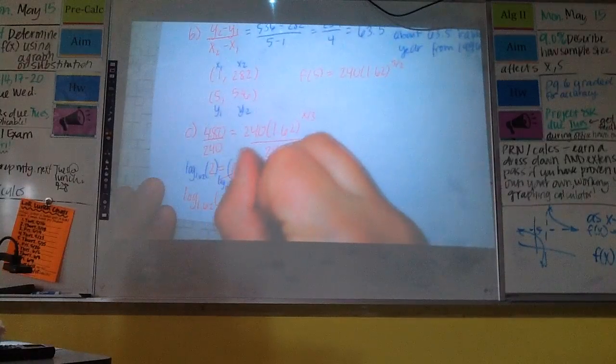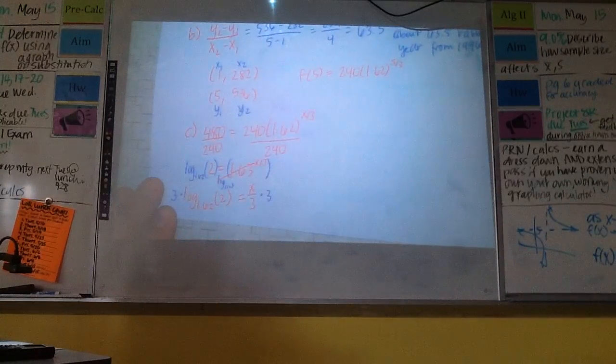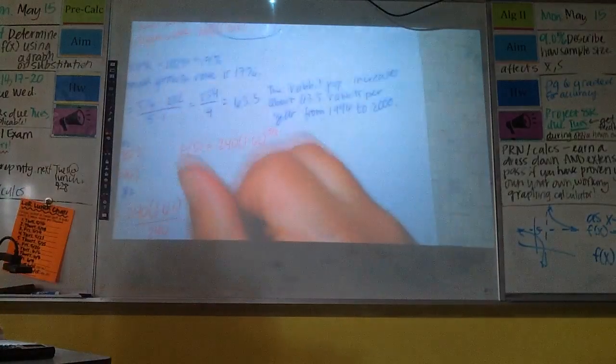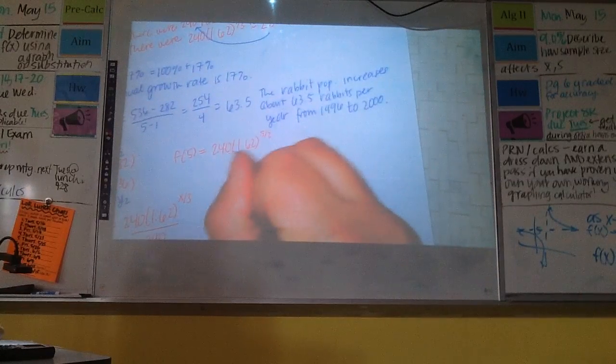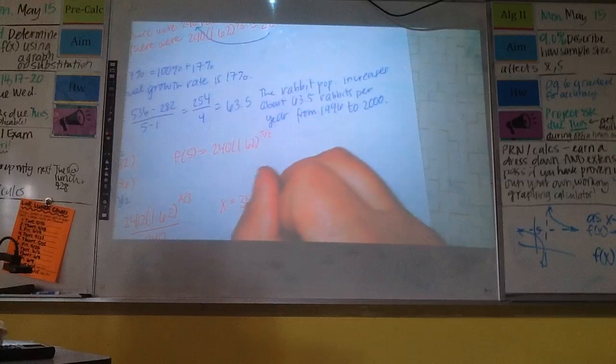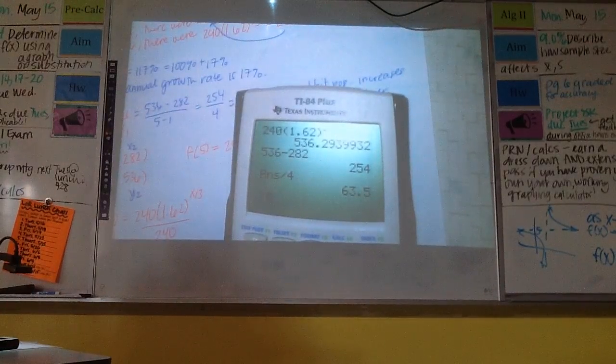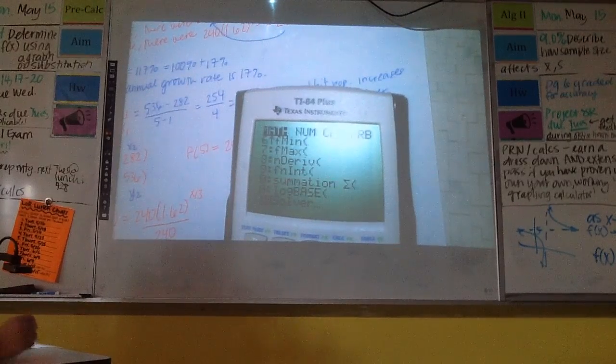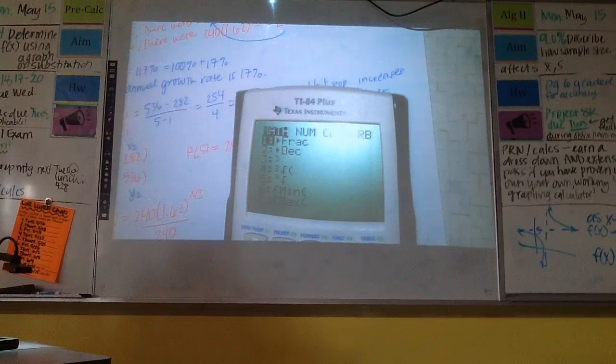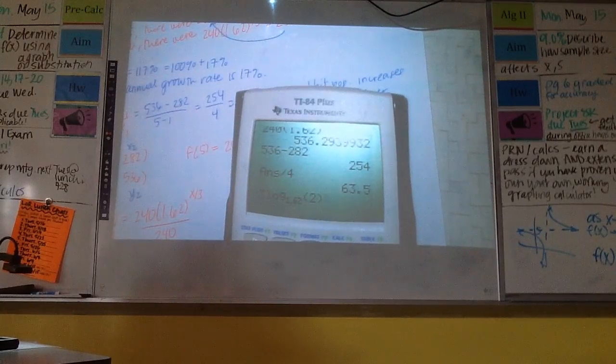I can isolate x by multiplying both sides by 3. So I have x is 3 log base 1.62 of 2. I can type that into my calculator to find an approximation.